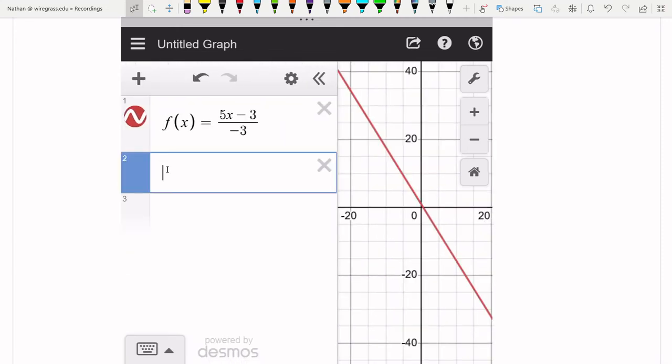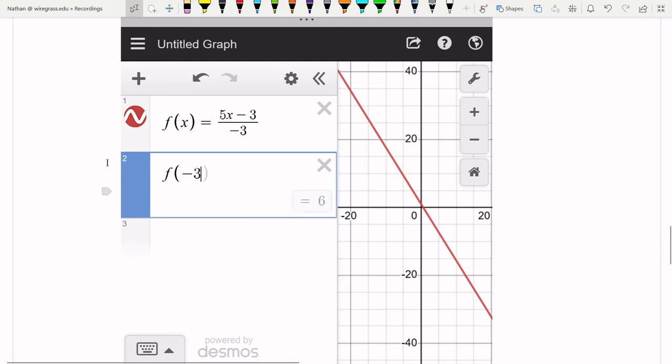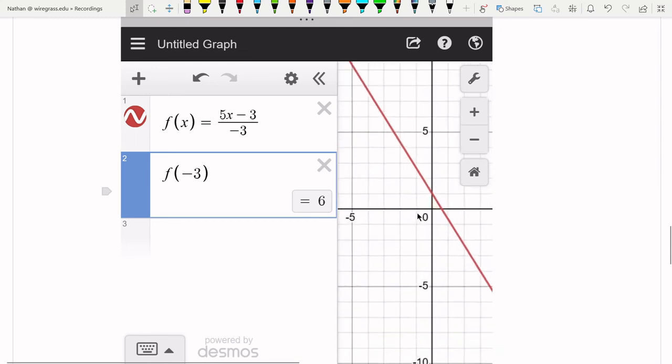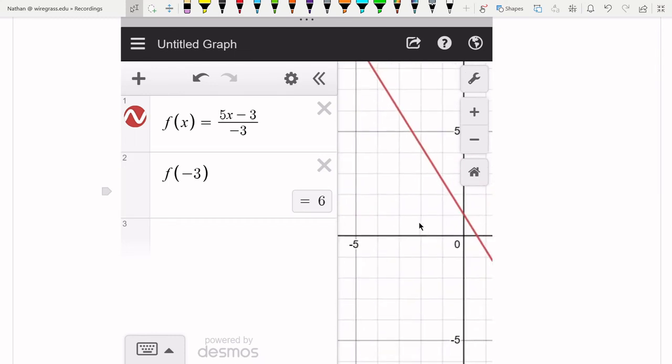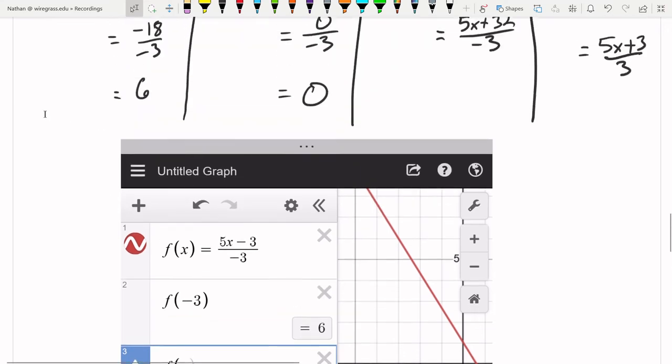If we plug in f of, the first one we plugged in was negative 3, you can see we get out 6. So f of negative 3 is right here. If we go up to the function, you can see negative 3, 6 is on that function. Okay, if you plug in f of, the next one was 3/5, I believe.